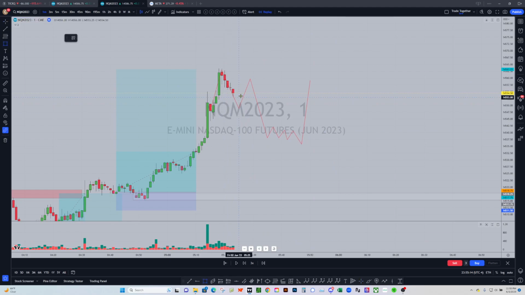So if we can get an imbalance somewhere in here, I'd be looking to take a short position, depending on how this all forms out, and either target the imbalance that was created off that move up, or potentially take it back down into this order block here.